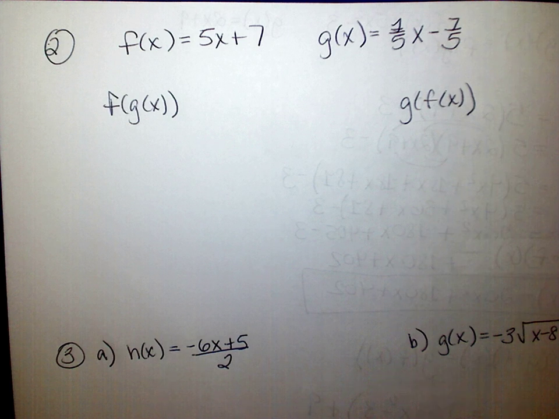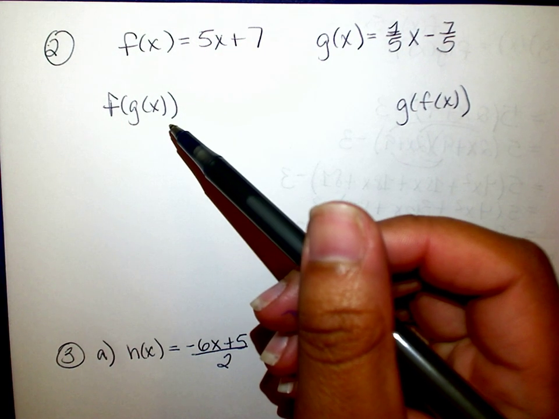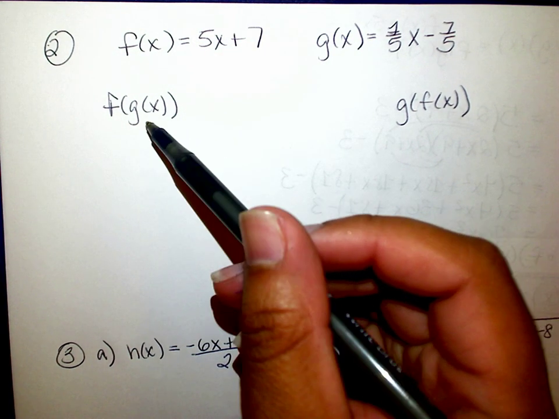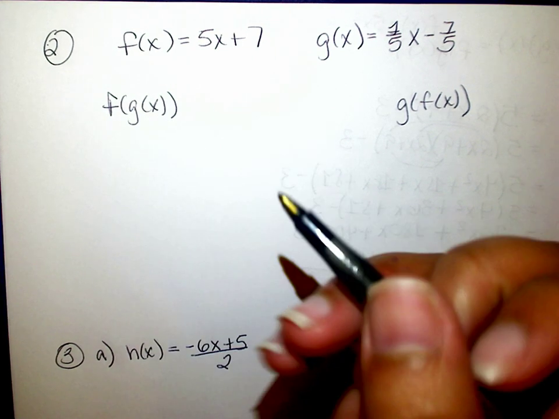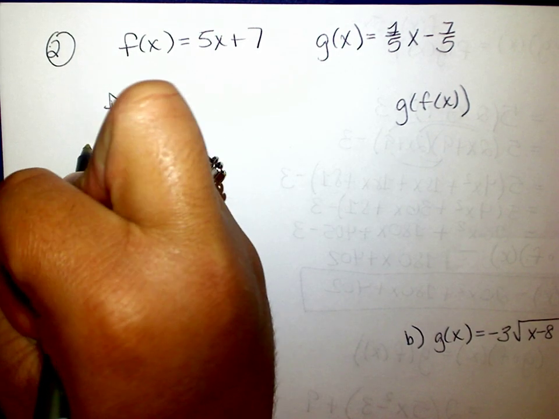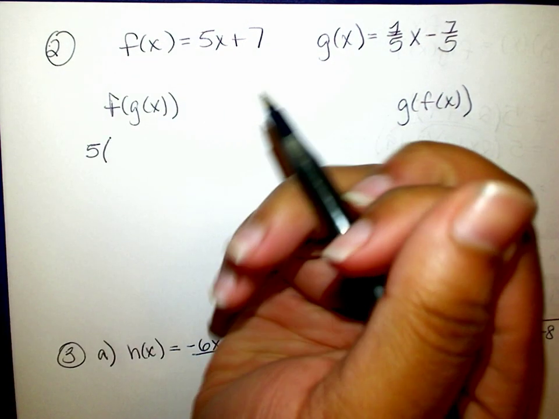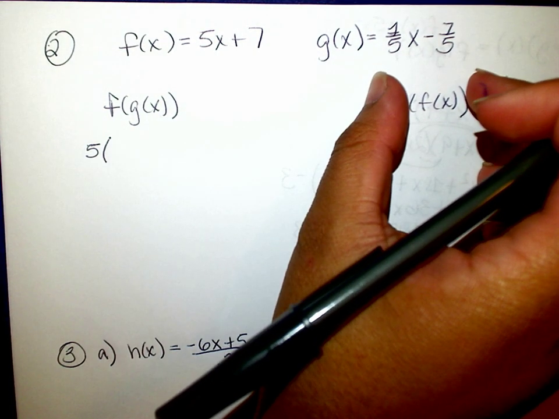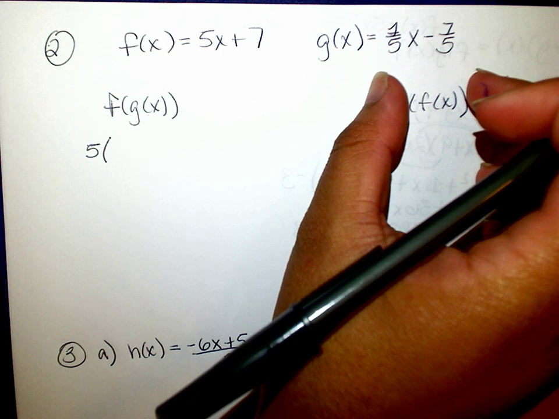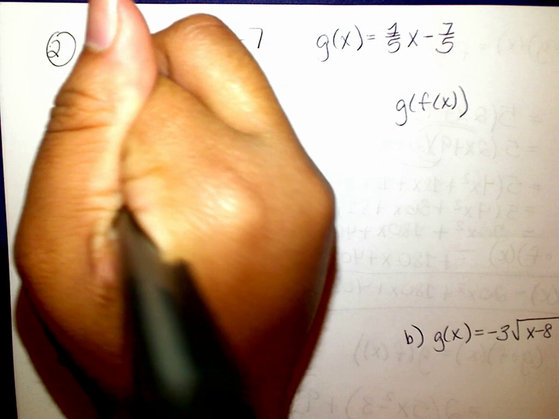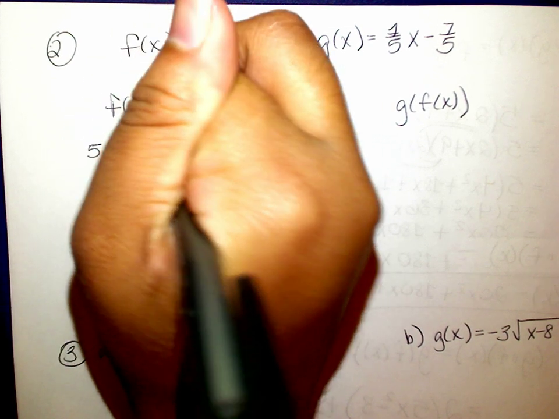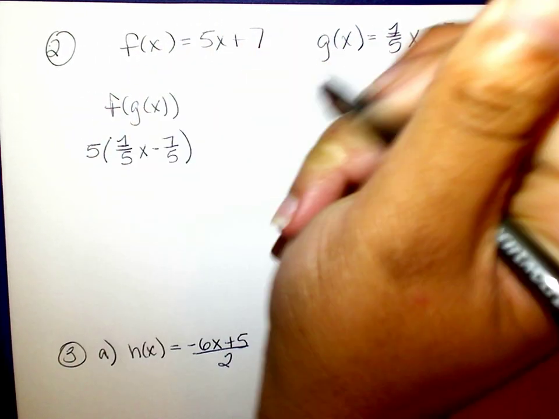So for f of g of x, we're going to substitute the rule g into the function f. So we're going to have 5 times the quantity 1/5 x minus 7/5, plus 7.